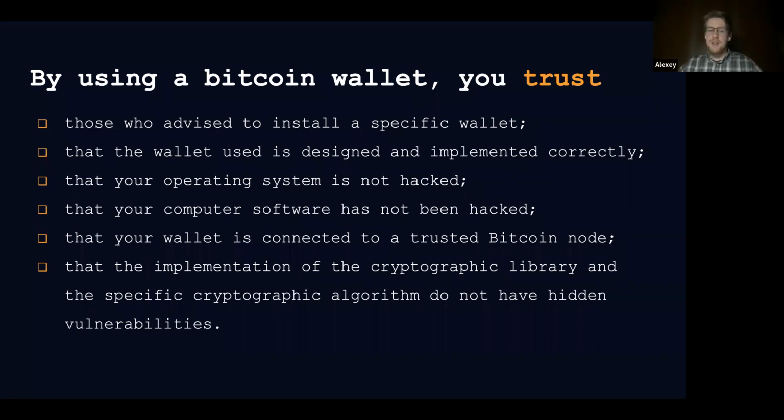Last but not least, you need to trust that the implementation of the cryptographic library and the specific algorithm do not have hidden vulnerabilities. Many of us know, though some people maybe do not, that the SHA-1 algorithm was compromised, and collisions were found in it. Even though Bitcoin does not use SHA-1 anymore, if it were used right now, it could pose a serious threat to all of the users in the system.